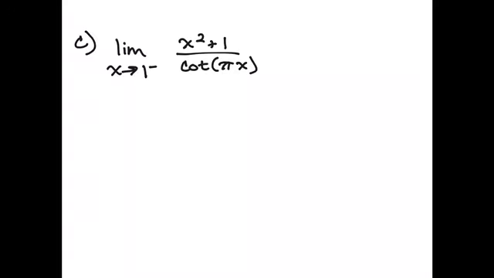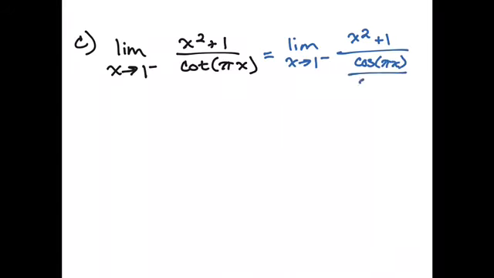Okay, we already talked about cotangent being cosine over sine. So this is the same thing as the limit as x approaches 1 from the negative side of x squared plus 1 over cosine of pi x over sine of pi x.